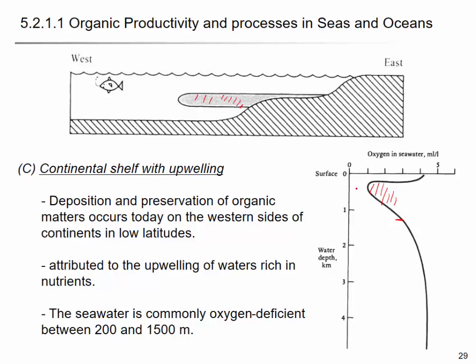This is called the anoxic region. And in this case, water is stratified, and the organic carbon can be preserved also.